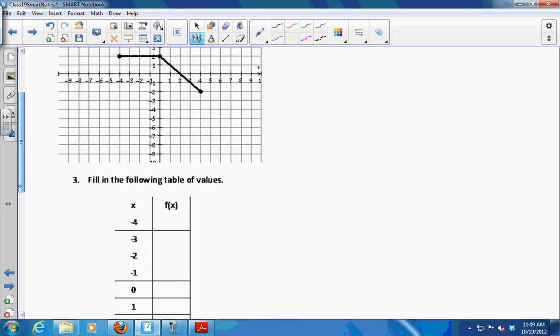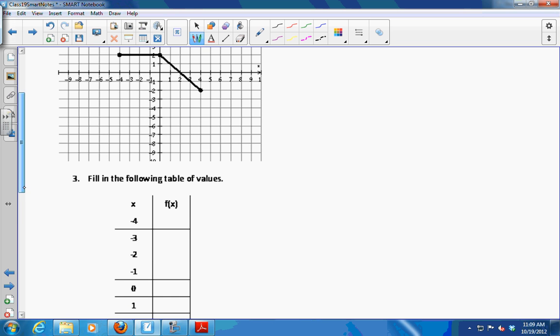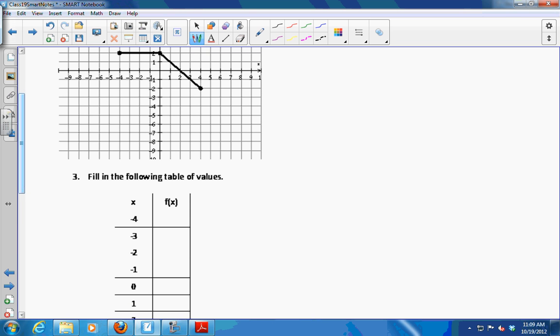All right, so using the graph, I want you to fill in this table of values for f of x. Take a couple of minutes to do that now. All right, so I can either use the formula we wrote or the graph to fill in this table of values. I'm just going to rewrite the formula here because I saw some people doing it this way.